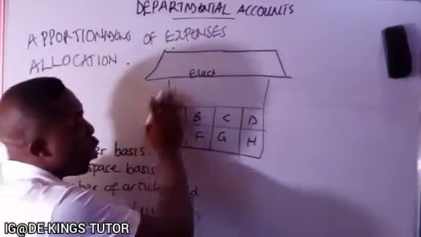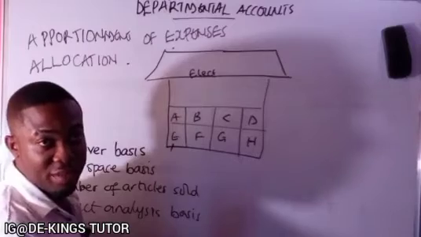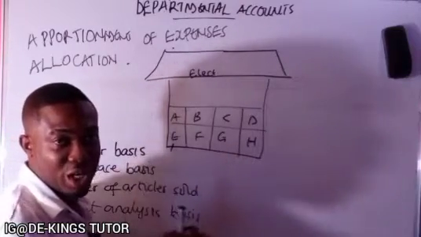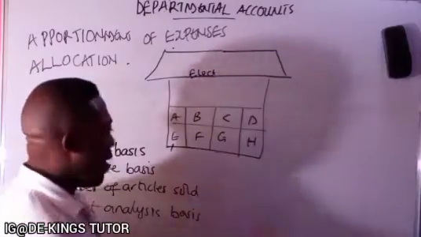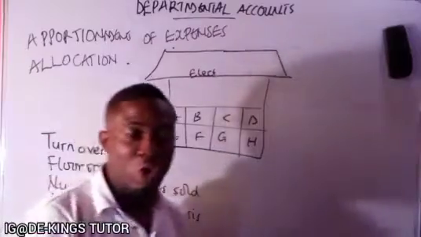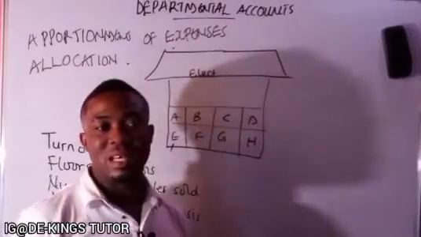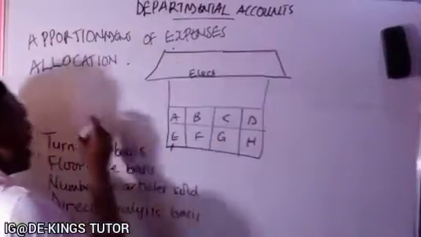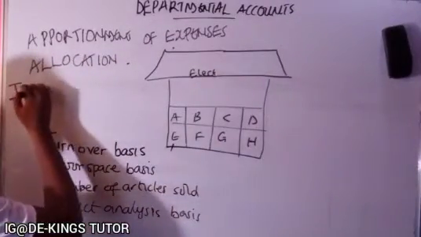Apportionment is when all departments enjoy the benefit of that expense, so they get a fair share that is distributed to them. Allocation is when the department solely enjoys the benefit of that expense and it is to be paid by that department.